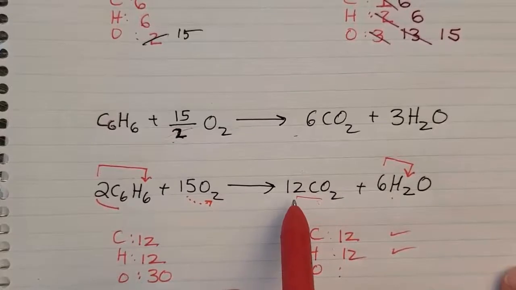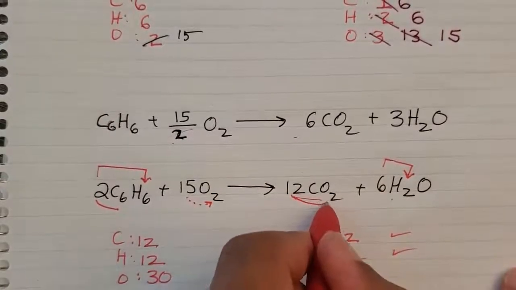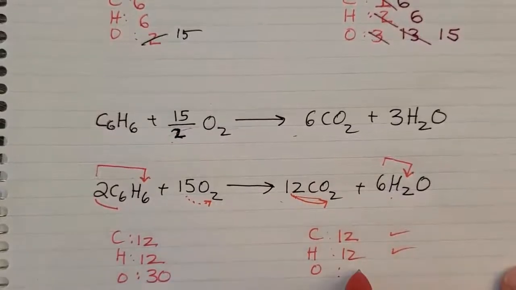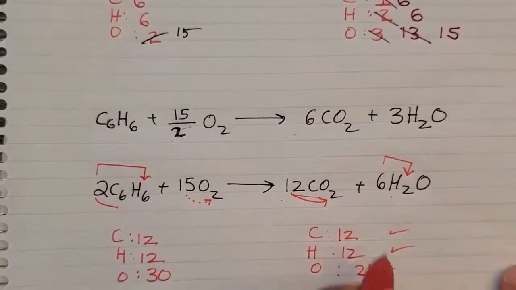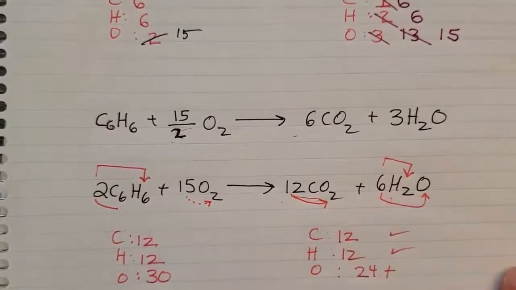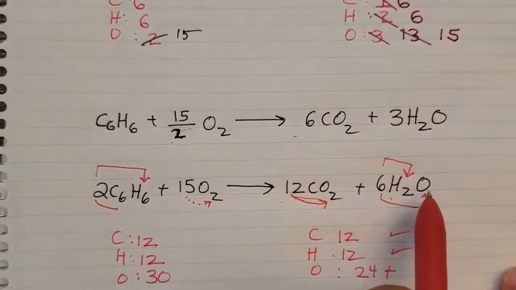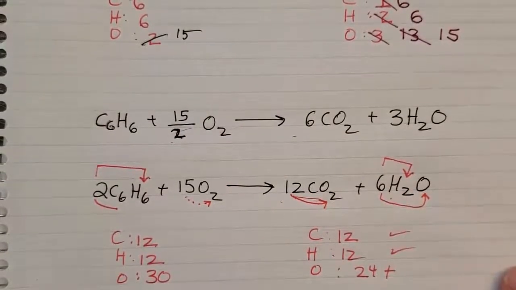And in our product side, we have 12 times 2 oxygens, which is 24, plus 6 oxygens times 1, because we have 6 atoms of oxygen in 6 moles of water.